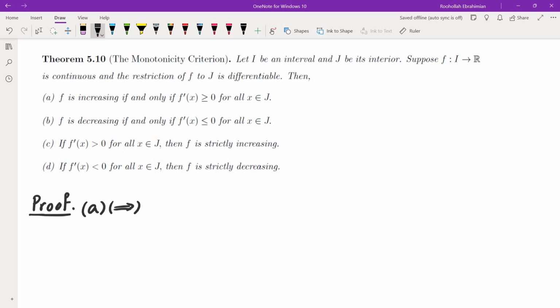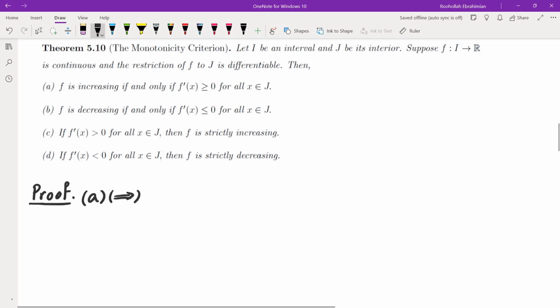So we need our function to be continuous over the interval and differentiable over the interior. So this is an if and only if statement. If it is increasing, then f prime would be greater than or equal to 0. Okay, so we're assuming that it's an increasing function, and we want to show that f prime of x is in fact greater than or equal to 0 for x in the interior.